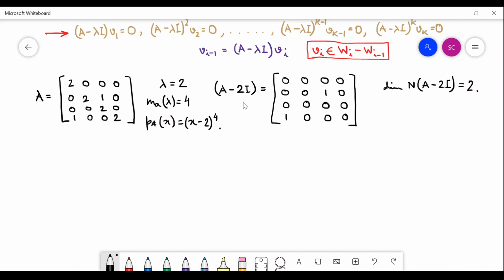So let's do (A minus 2I) square, and you would be readily seeing that this is coming out to be 0. This means your m(x) is (x minus 2) square. From here you are getting the size of the largest block as 2, and hence there are only 2 Jordan blocks, each of size 2.